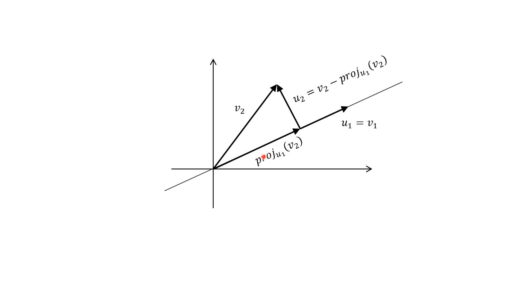You can see that if you add this to this, you're just going to get v2. If you recall, when you add vectors, you line them up tail to arrow, and then you join from the first tail to the final arrow, and you get the sum. And I should say that this vector u2 is, by the way we've constructed it, orthogonal to u1.